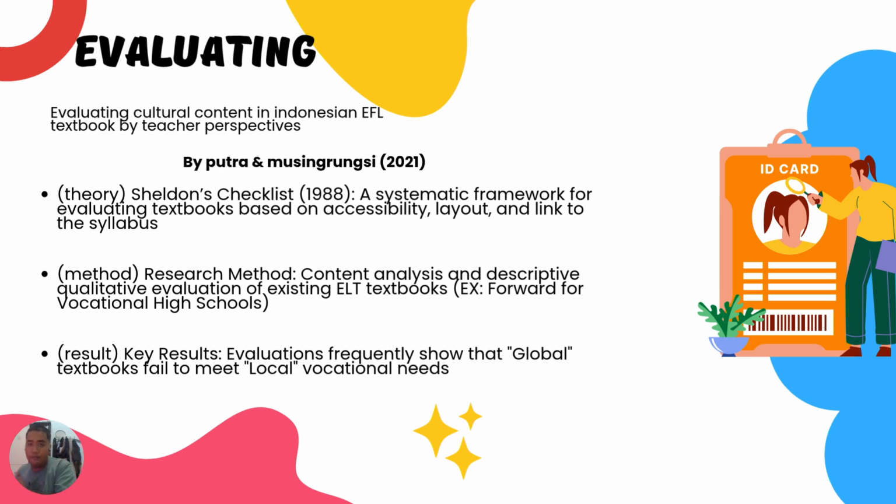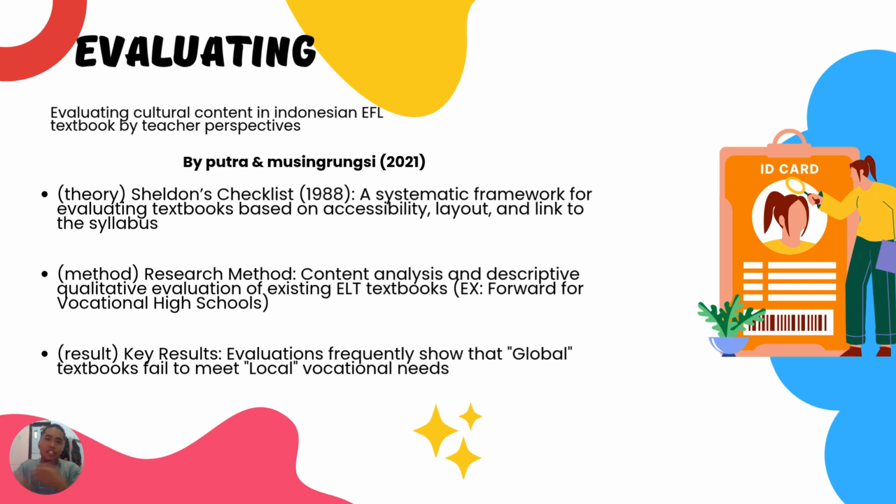There's also form versus function. This theory is about evaluating whether material prioritizes grammar, the form, at the expense of communicative ability, the function. The research method used by Putra and Musin Rongsi is content analysis and qualitative evaluation of existing ELT materials, like those for vocational schools.